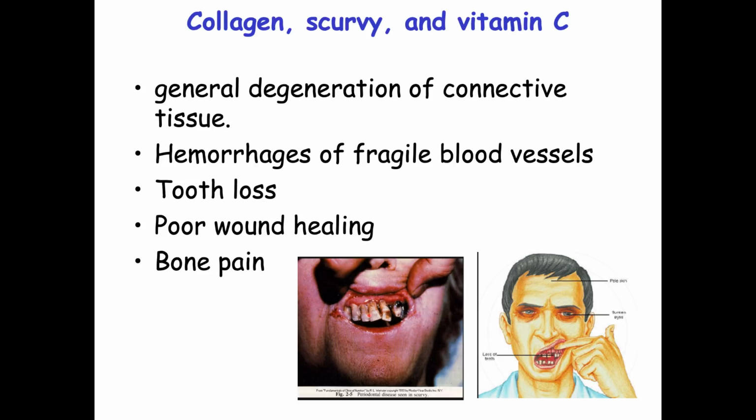So here we see receding gum lines and tooth loss. Here we see pale skin, sunken eyes, loss of teeth, and this comes from a handbook that sailors used to diagnose the different symptoms of scurvy.